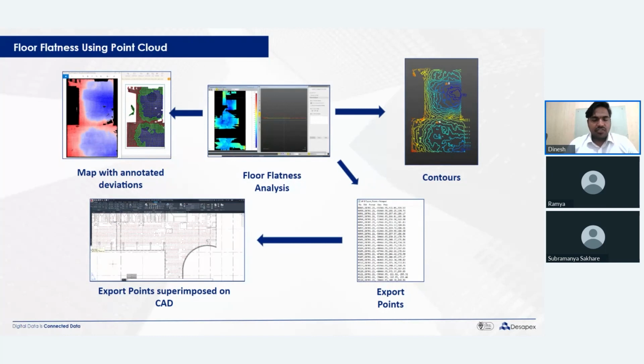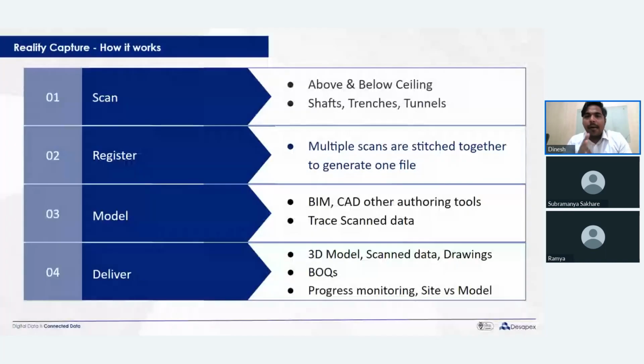This is very useful because there are certain places where floor flatness and floor levelness values have already been fixed, so you need to have this analysis done. It tells you whether it passes or fails as per ASTM standards. And these elevation points in the drawing will help us work on proper slopes or flatness for any area.